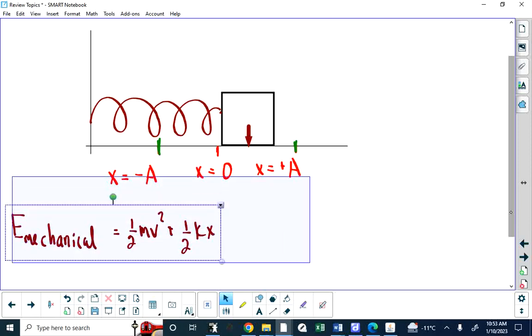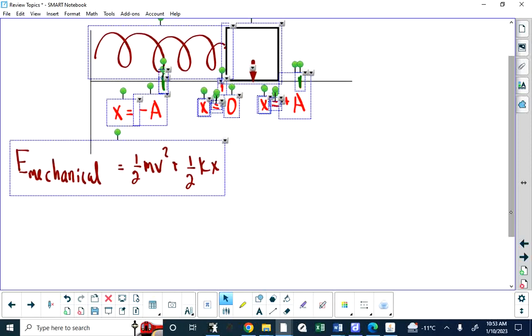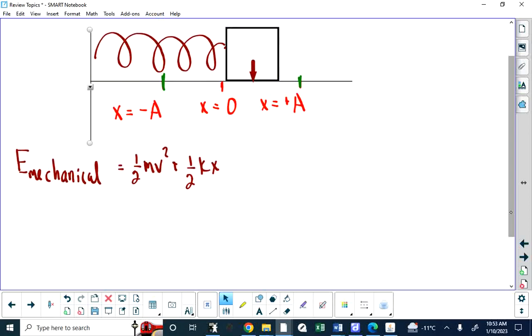when you start to describe the mechanical energy at, say, the amplitude, or describe the mechanical energy at the equilibrium position, or describe the mechanical energy in between, they have different descriptions. Because at the equilibrium position, what you're talking about is having only kinetic energy. This is at the equilibrium position.